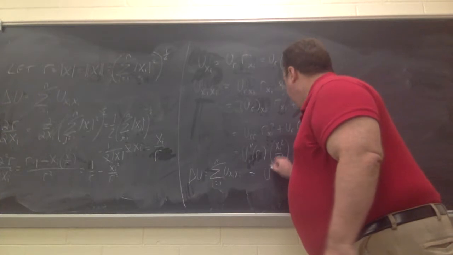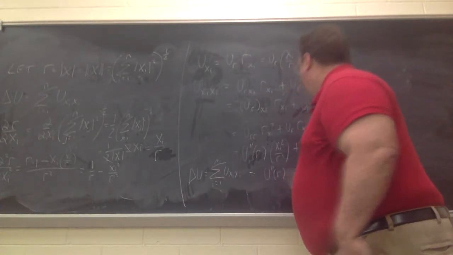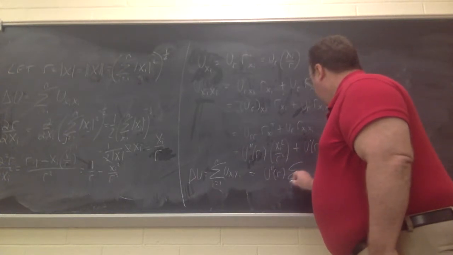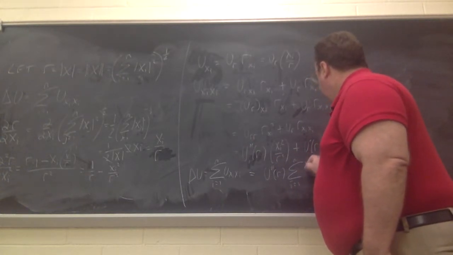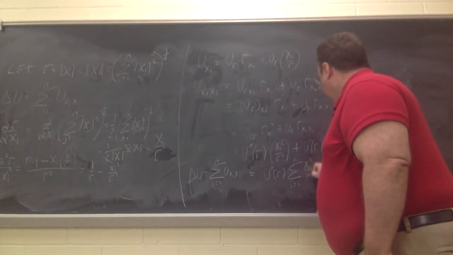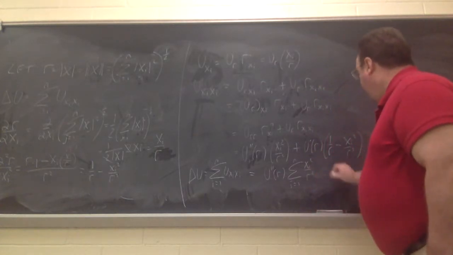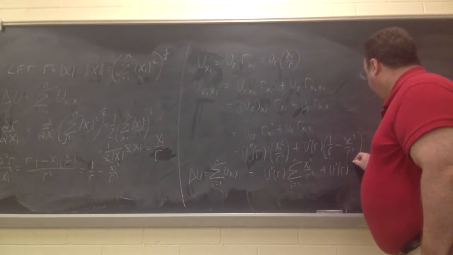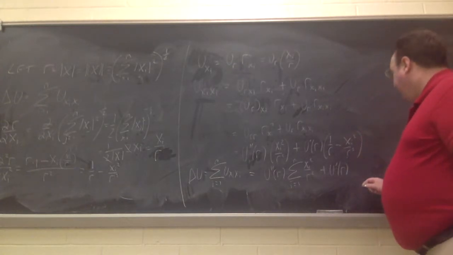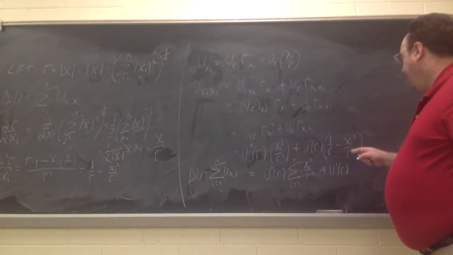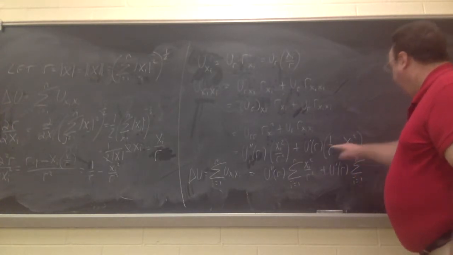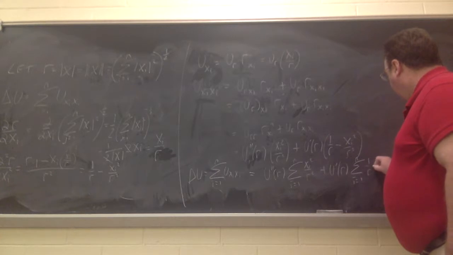So I get u double prime of r times the sum of all of these, plus u prime of r, and then I'll sum these from 1 to n.